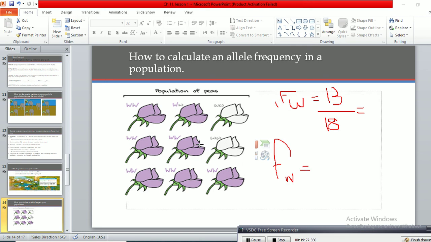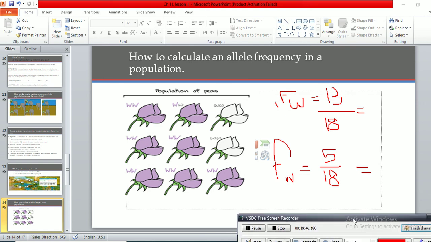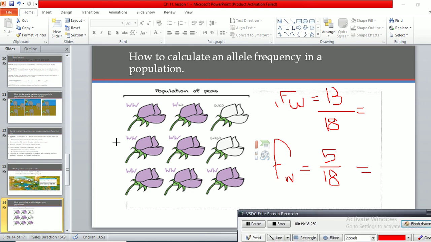Same for the frequency of the recessive allele, which is the small w. 1, 2, 3, 4, 5, so 5 over 18. To be sure, 5 plus 13 gives me the total, which is 18, so I am right. Do the calculations and give the percentage.